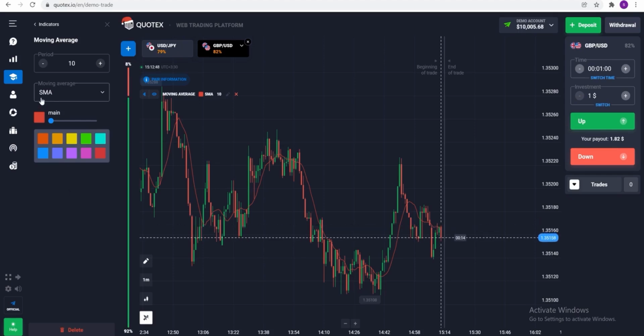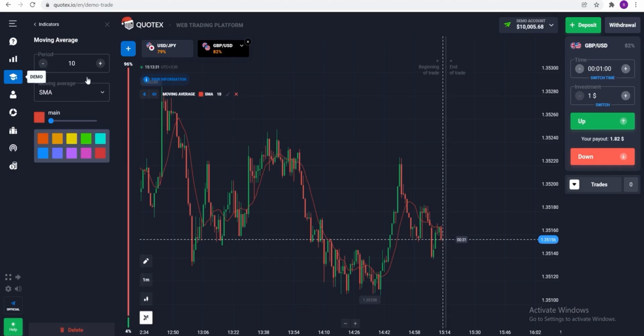So, SMA stands for simple moving average. The formula for calculating this type of moving average is the simplest way to calculate an average. What does that mean? It takes the number of periods you've set in the settings. Like in this example, we've selected 10 and adds up the prices within this specific range, then divides by the total number of periods. So here it adds up the prices for the last 10 candles and divides by 10.